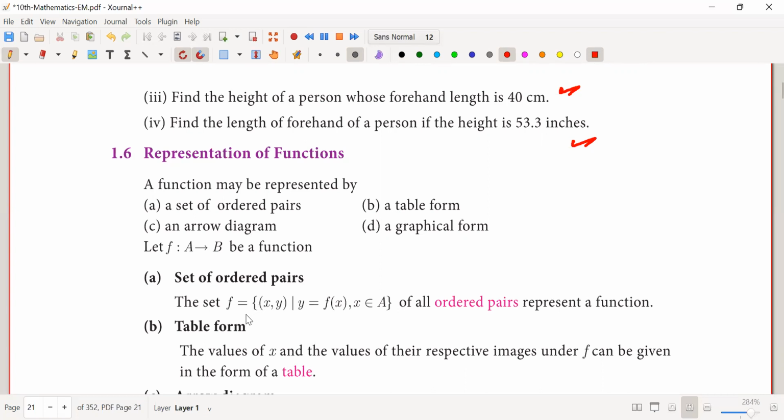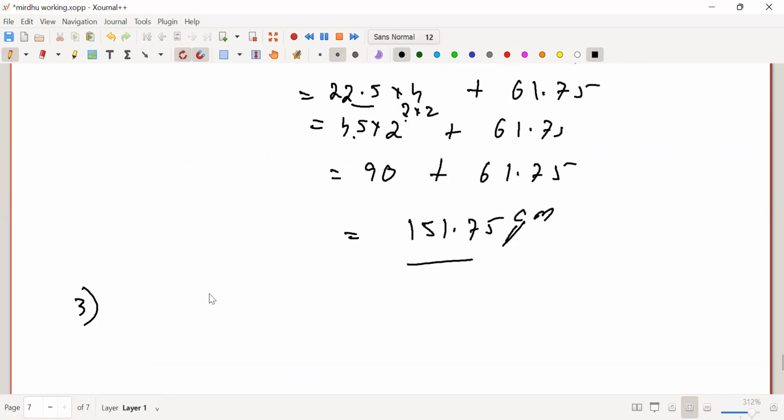Or else, if you want to convert into centimeters, you can multiply by 2.5. So let's work with 53.3 itself. 53.3 inches equals 2.25x plus 61.75.